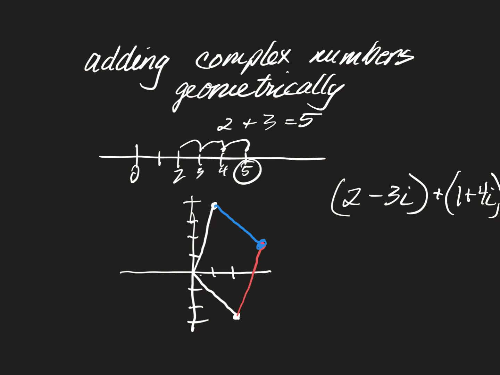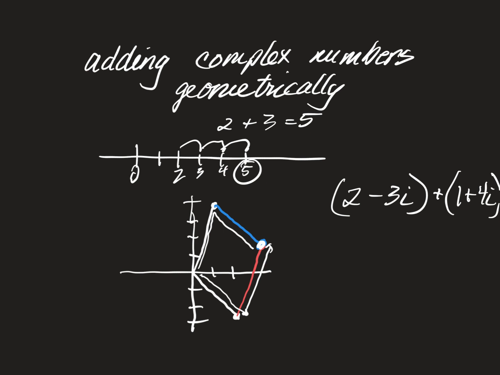So we go 2 minus 3i, and then we add 1 plus 4i, all right? Just stacking up the complex numbers end to end. In the same way, you could have done 1 plus 4i and then 2 minus 3i. In any case, you'd end up at this point.